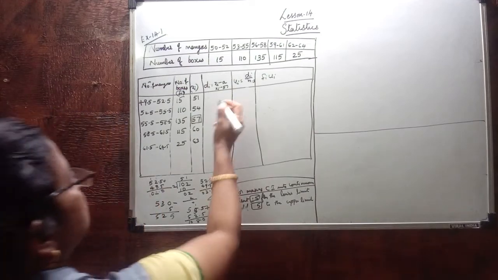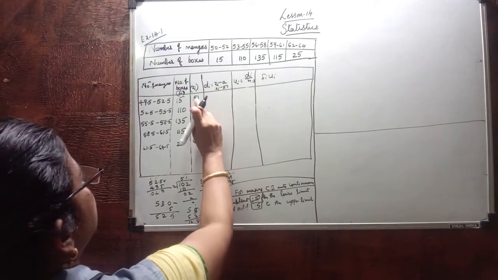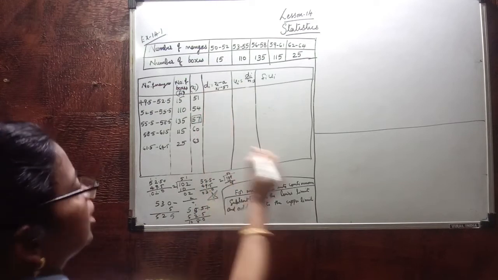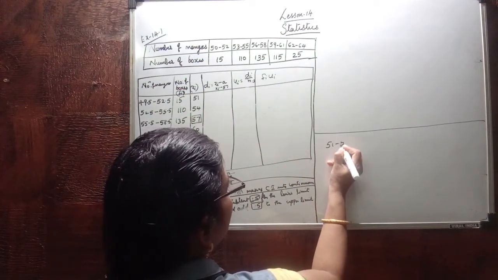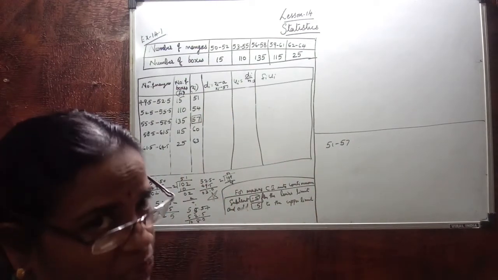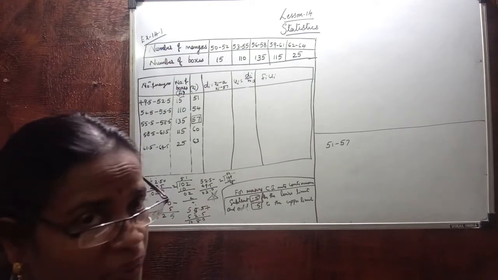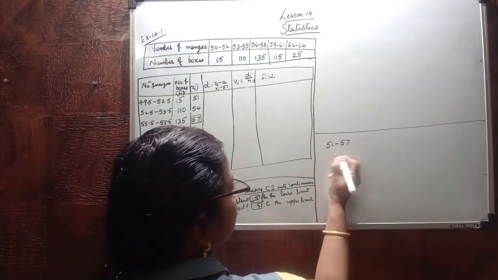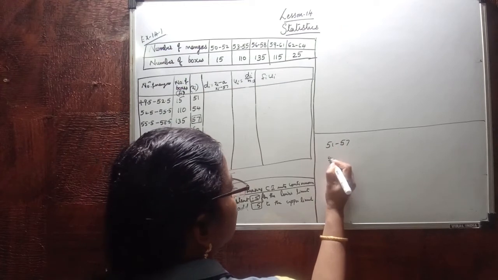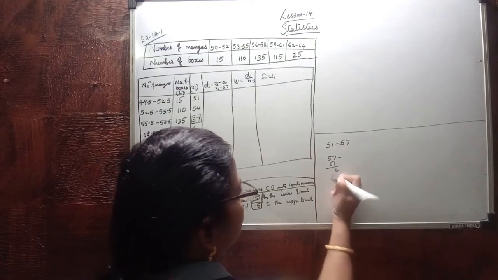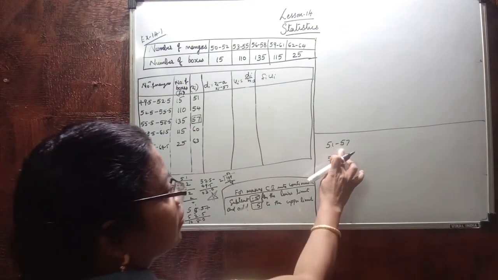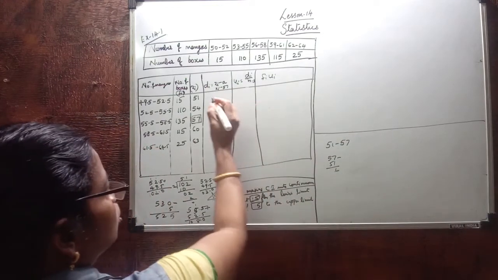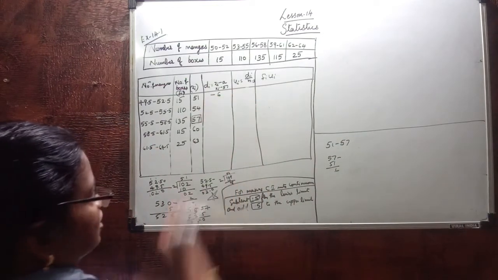So xi is 51. 51 minus 57. How will you do this one? For the subtraction, you have to take the bigger minus the lower. So it will be 57 minus 51, you get the answer 6. And the bigger one's sign is negative, so it will be negative 6.